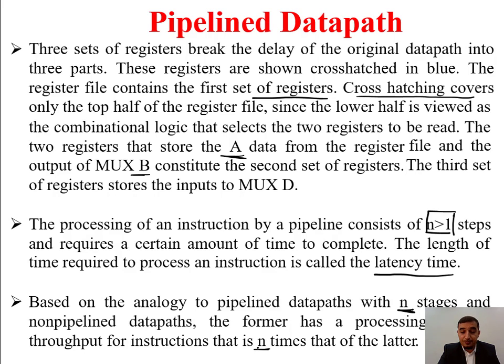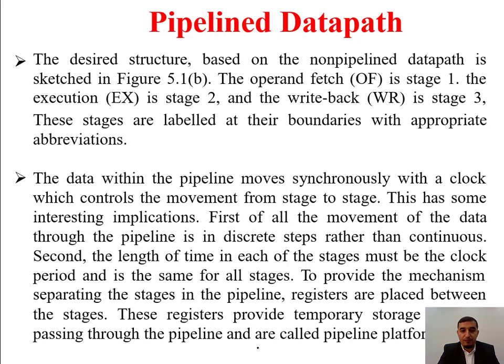So the pipeline is n times faster than the normal data path. So if I have a conventional data path, and I have a pipeline which is 5 stages, the 5 stage pipeline will be 5 times faster in theory. 5 times faster in theory.